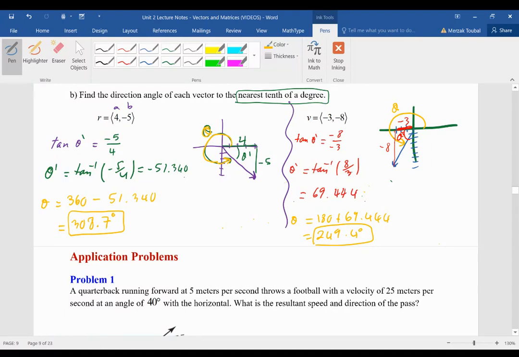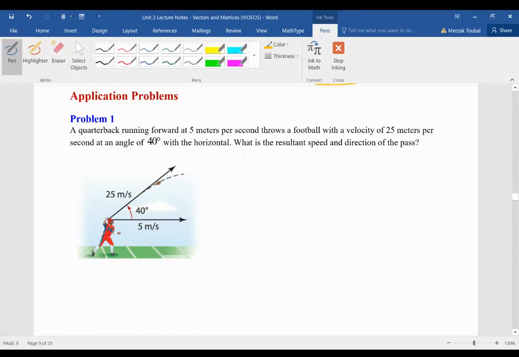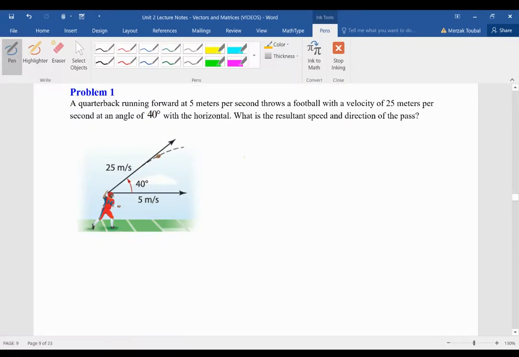Last two problems, we got two application problems. Problem number 1, it says a quarterback running forward at 5 meters per second. So we're talking about the velocity of this person who is running forward. The quarterback running forward at 5 meters per second throws a football with a velocity of 25 meters per second.